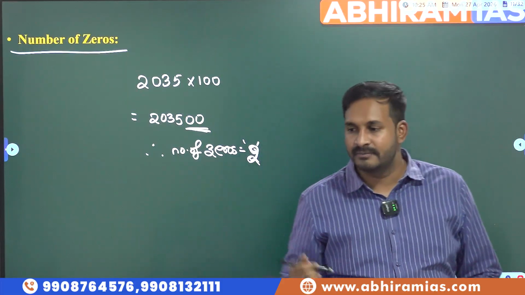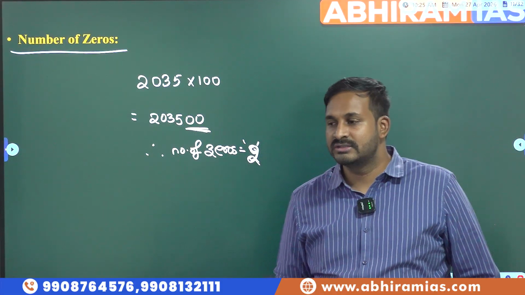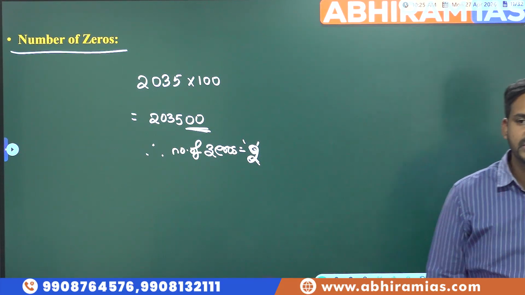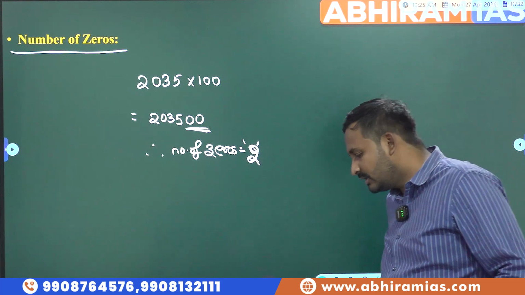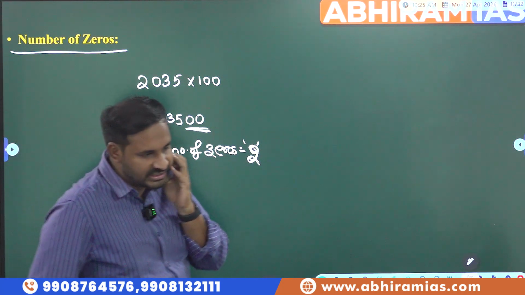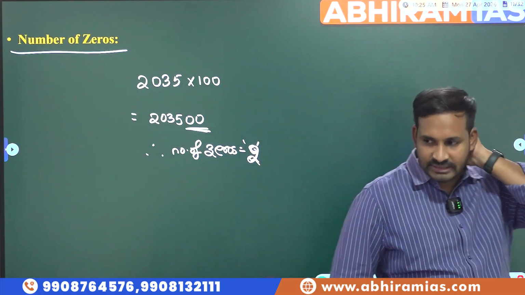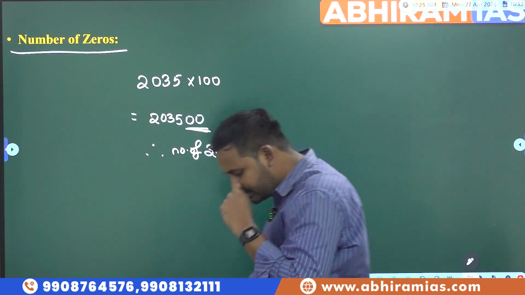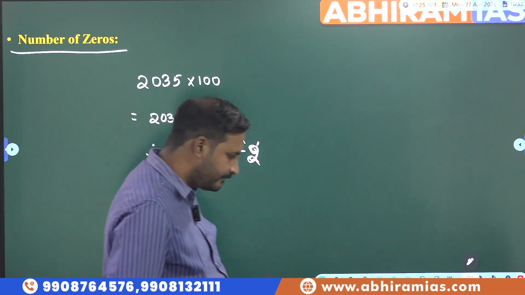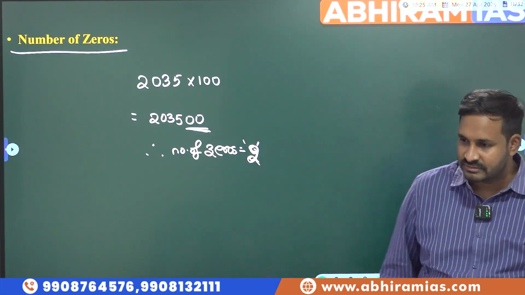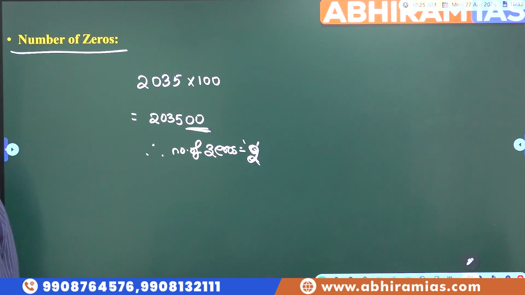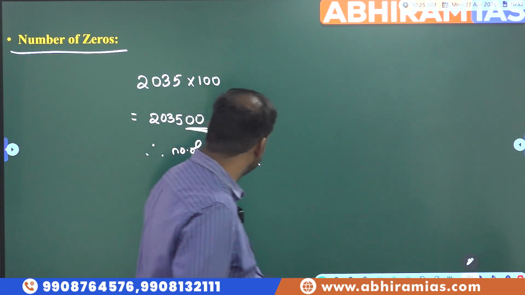So note down: the zeros which we get at the end of a product is called number of zeros.